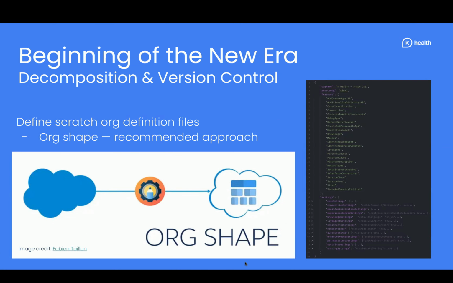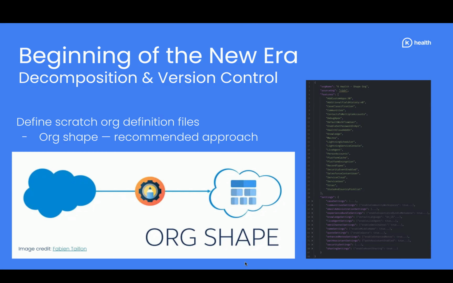With the configuration of how the organization will look, all the features that should be enabled there, all the settings. This impacts your deployment. To be able to deploy everything from your production to Scratchworks, you really need to understand what features you have.